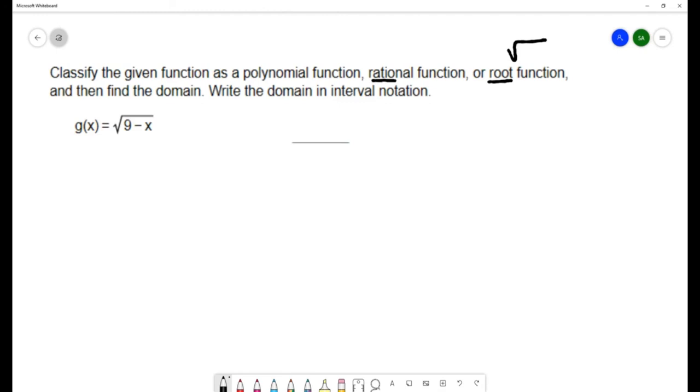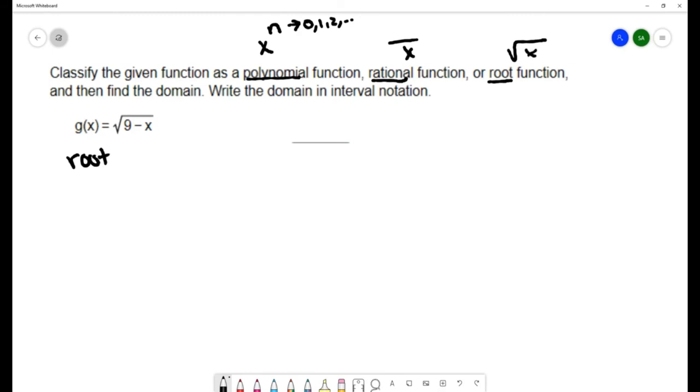A rational function will have a variable in the denominator, and the polynomial function will be nice expressions where the exponent is a whole number, 0, 1, 2, 3, and so on. So this one is pretty easy to classify as a root function because we see that variable underneath the radical.